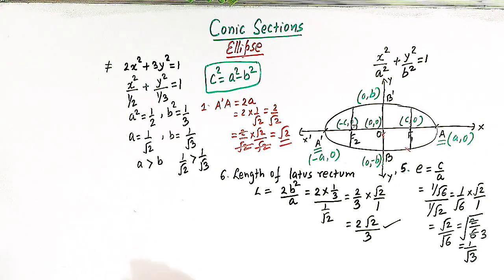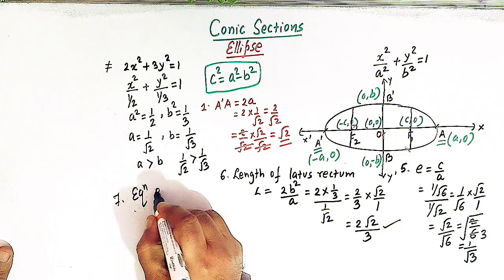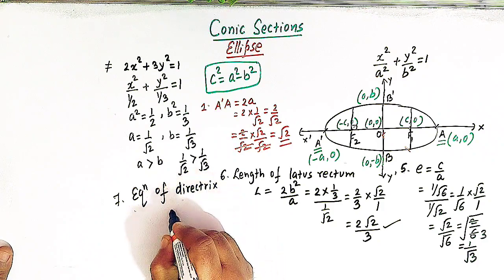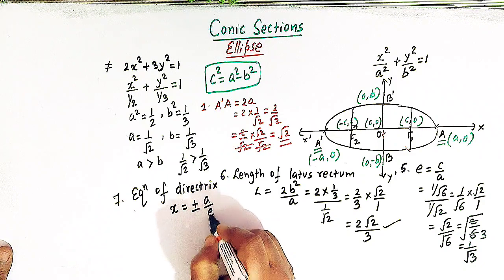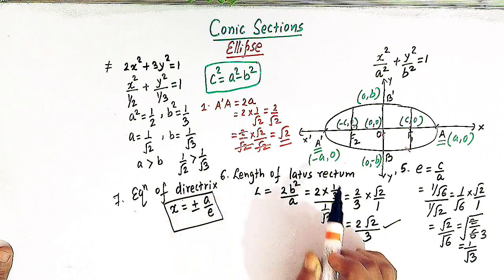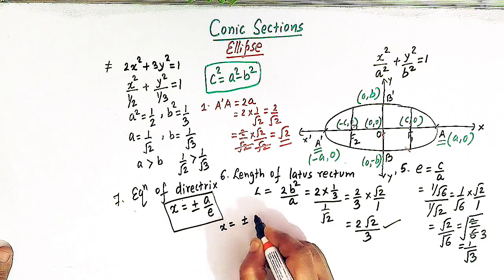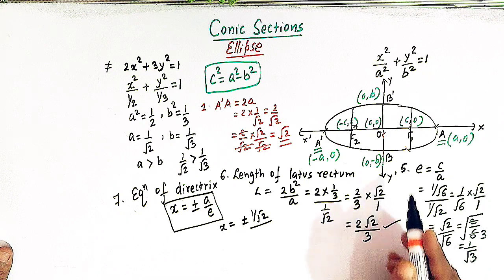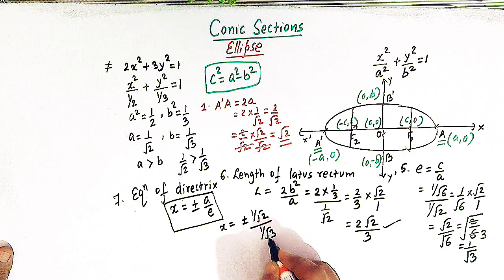Now let us find out the equation of directrix, right? So equation of directrix is given by x is equal to plus minus a over e, right? So this is the equation of directrix of an ellipse, and a is given by 1 over square root of 2, and e, that is eccentricity, is given by 1 over square root of 3.